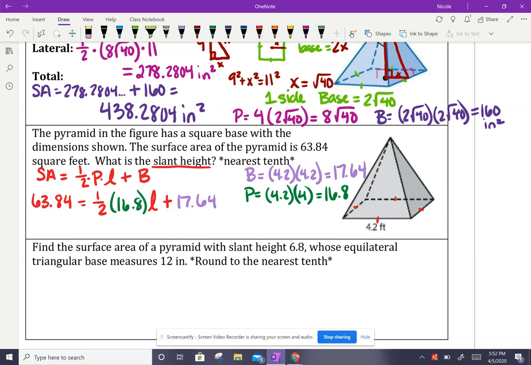So now we are going to do a little addition and subtraction, move stuff around. I'm going to subtract my 17.64. And I get 46.2 is equal to 1/2 16.8 times the slant height. You can go ahead and multiply that 16.8 times 1/2.